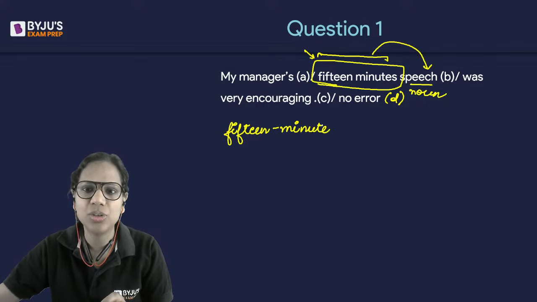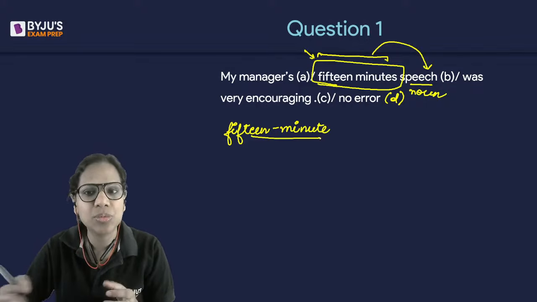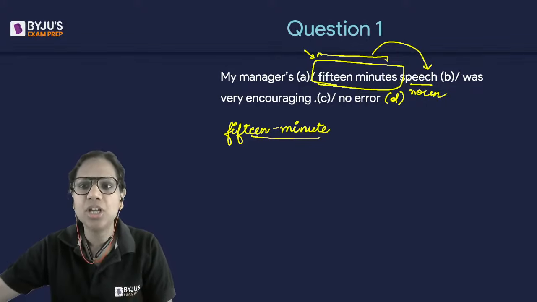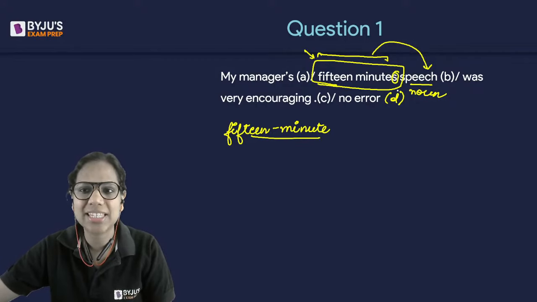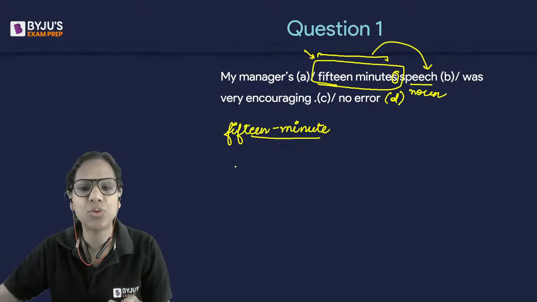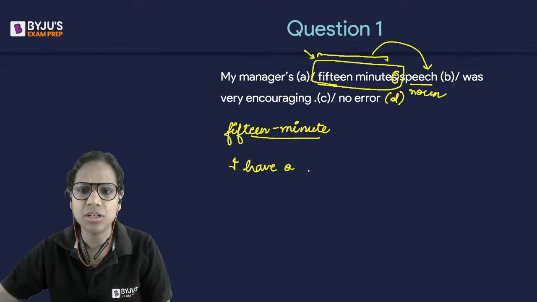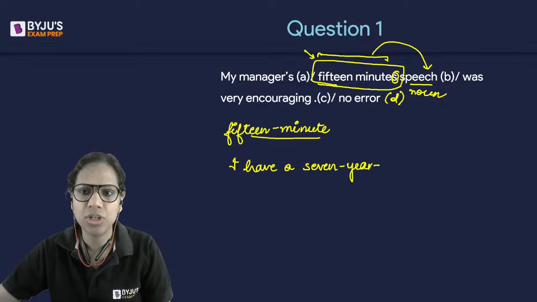And when durations, time, act as an adjective, we do not put the S here. So if I want to say, I have a 7-year-old niece, this is how I will write it.